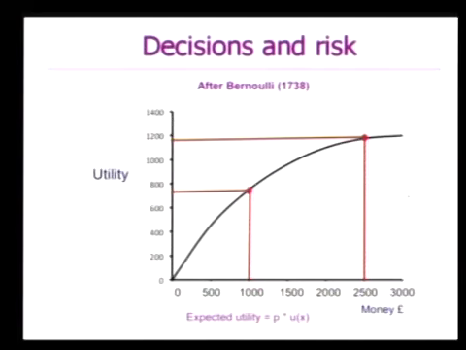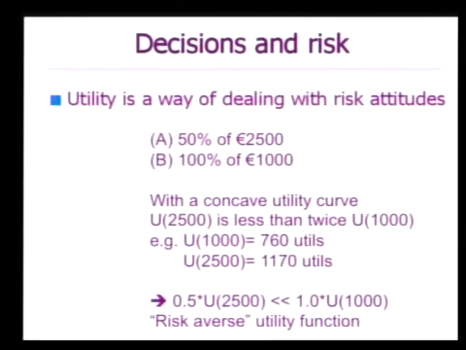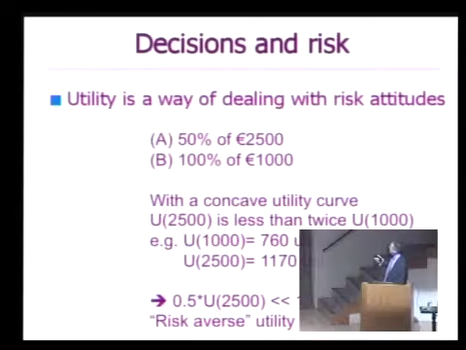Whereas the utility for 1,000 comes out at about 760 here. And so what that means is that with a concave utility curve that looks like this, the value of 2,500 is less than twice that of the value of £1,000. So it's not the case that it's worth proportionally more.